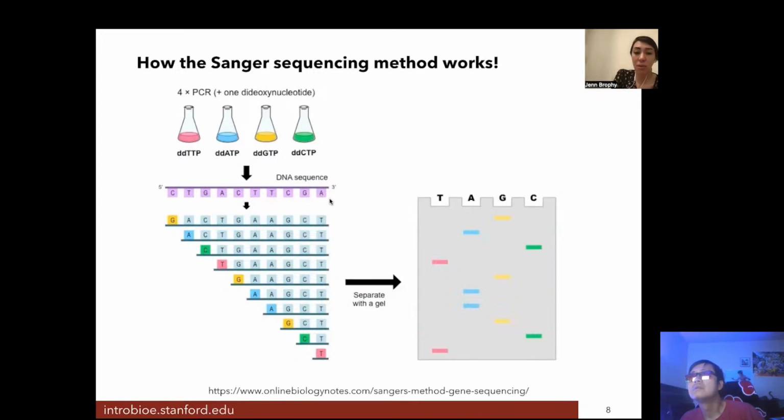So this might be the first base that you try to synthesize. And if you're in this reaction condition, then you'll probably incorporate a ddTTP, a dideoxynucleotide, and stop the growing reaction. Whereas if you're in this ddCTP, you may elongate with that one base and then have a stop at C.